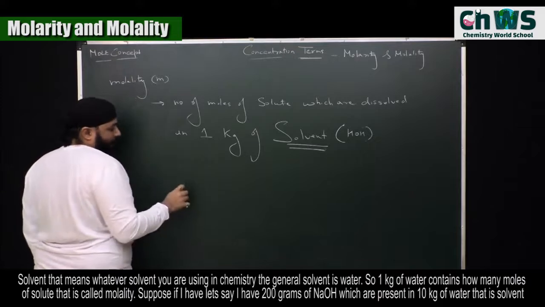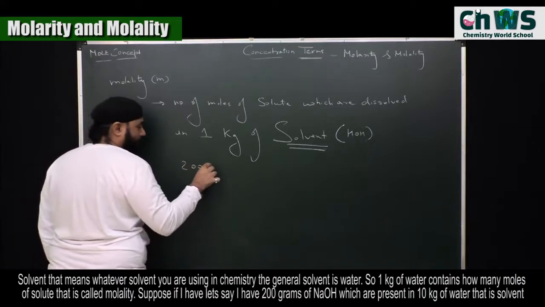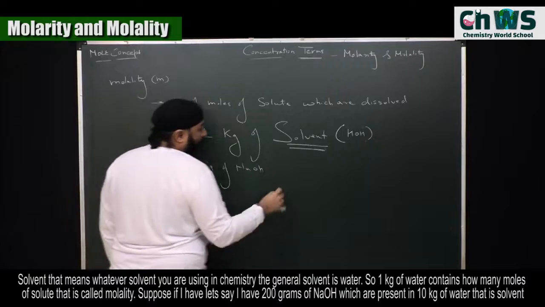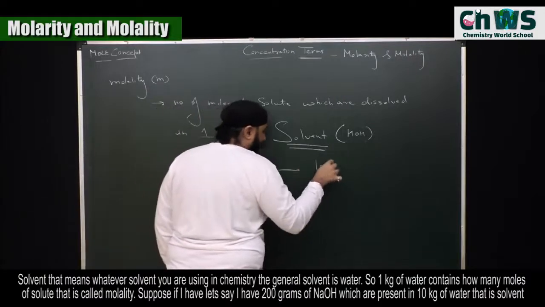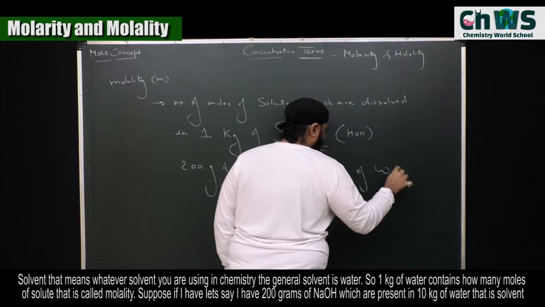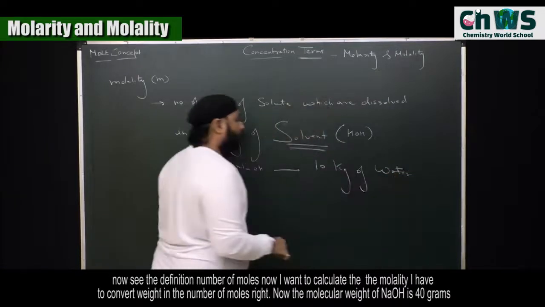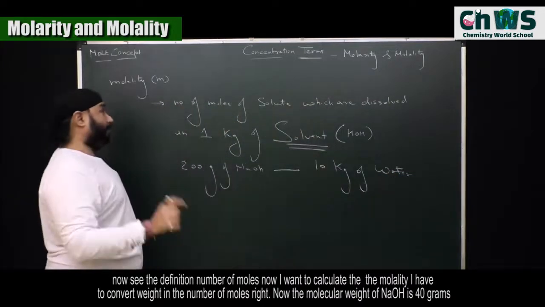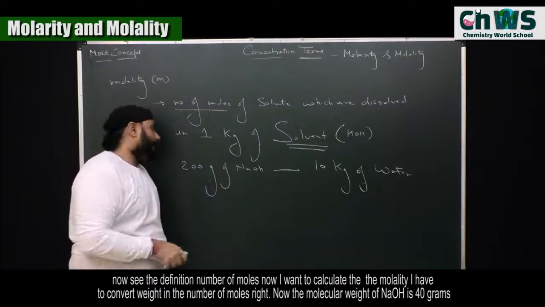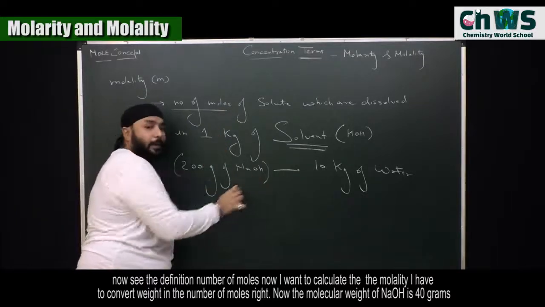Understand again. Suppose I have, let's say, 200 grams of NaOH which are present in 10 kg of water, that is the solvent, right? See the definition, number of moles. If I want to calculate the molality, I have to convert weight into number of moles.